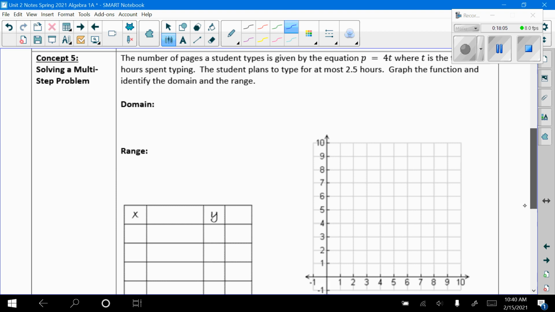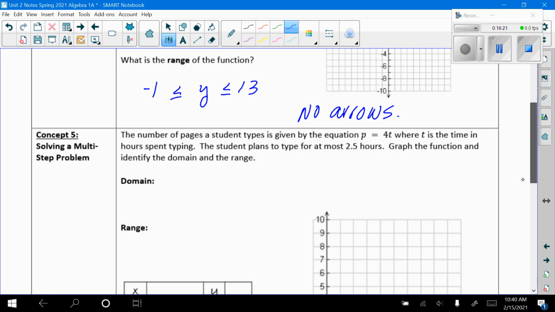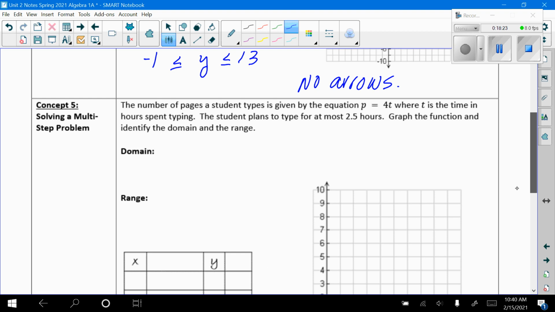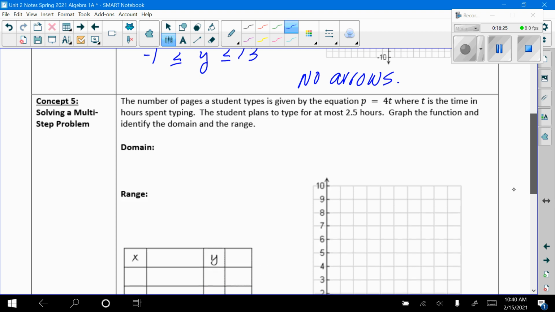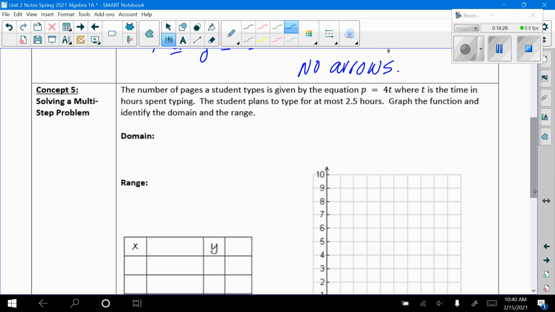Concept 5. The number of pages a student types is given in the equation 4t, where t is the time in hours spent typing. The student plans to type for at most 2.5 hours.